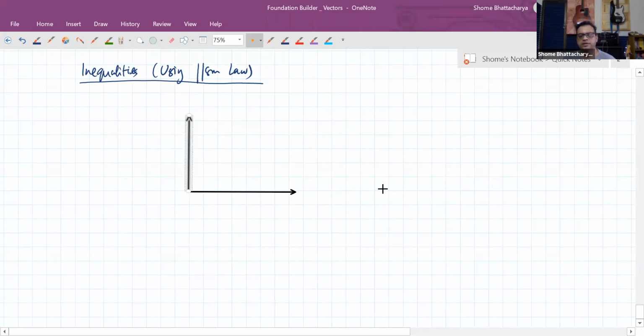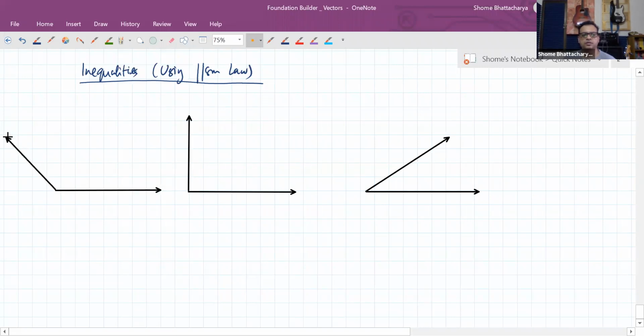Okay. One having the angle between the two vectors as an acute angle. And the third one having the angle between the vectors as an obtuse angle. So let's say, this is the case where theta is 90 degrees.